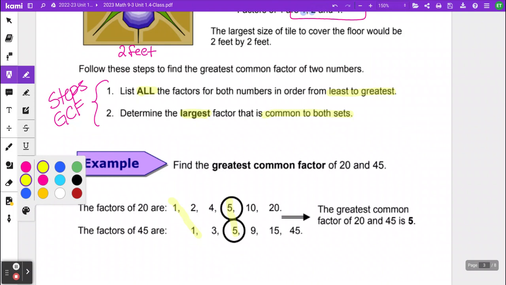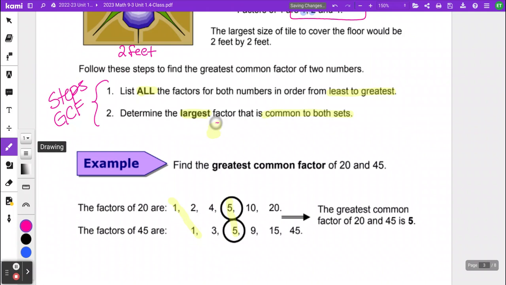1 goes into everybody. So whenever the only number that is common is 1, we say there's no greatest common factor. So for example, if I were to write, whoopsie, let's get a pencil here. If I were to write the number 7, the only factors of 7 are 1 and 7, and maybe the factors of 5. Factors of 5 would be 1 and 5.